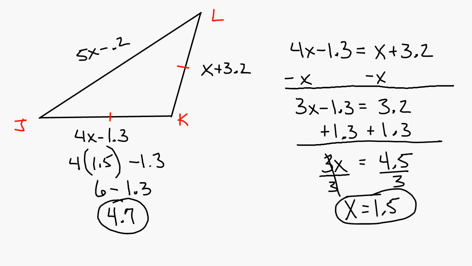Go to KL, and where there's an x, replace it with a 1.5 plus 3.2. And again, that's 4.7. And then on your third side, in your calculator, type 5 times 1.5 equals, and then push minus 0.2 equals.